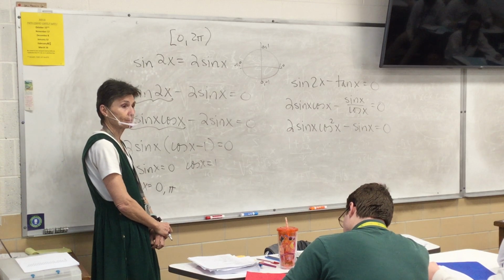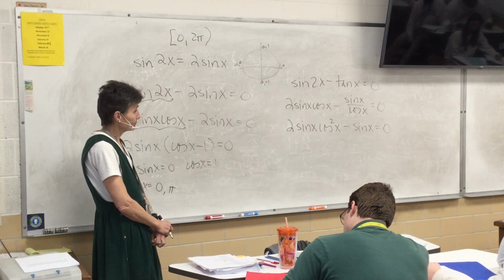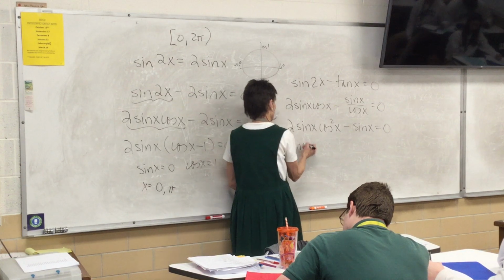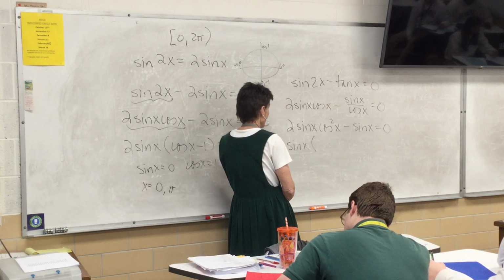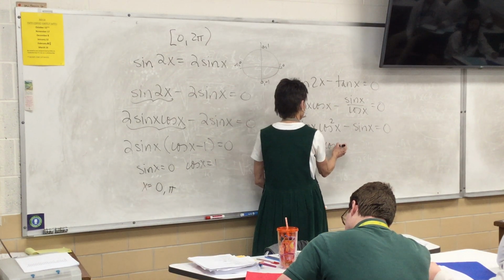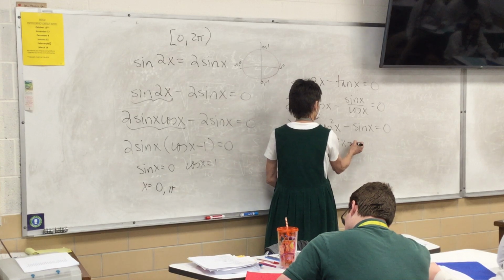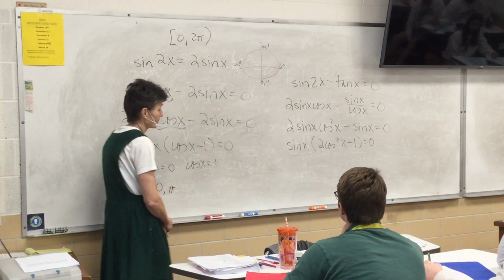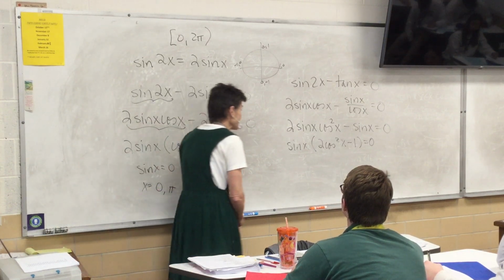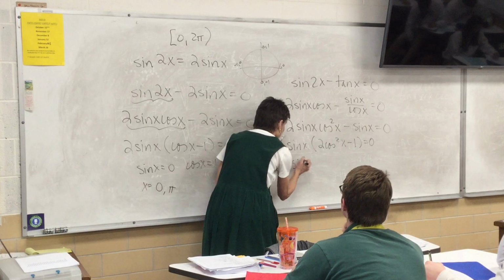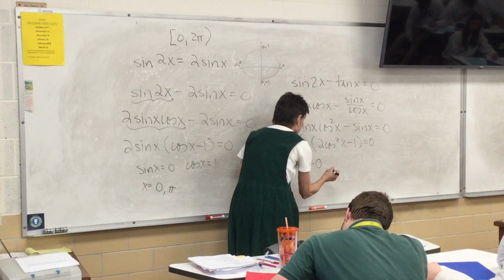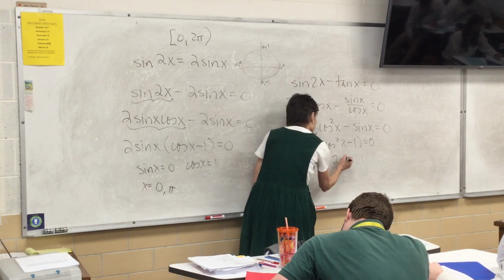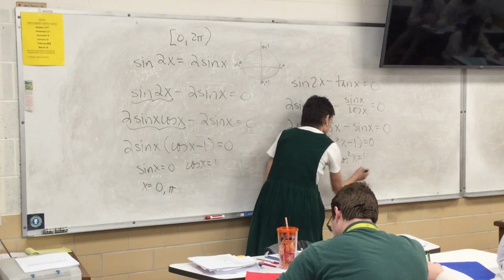What do you want to do with that? Factor out a sine. So if I pull out the sine, I'm going to be left with 2 cosine squared minus 1. And if I set those equal to 0, I'm going to have sine equals 0, and then 2 cosine squared equals 1.